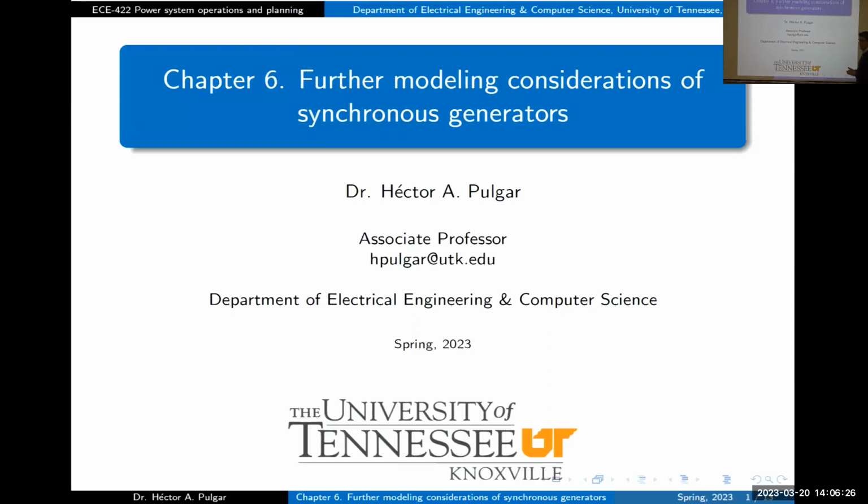Some part of this you will probably say, well, where did he obtain that equation? But I'm going to just sketch this. And if some of you are interested in this and want to know more details, I can provide material so you can work on that.